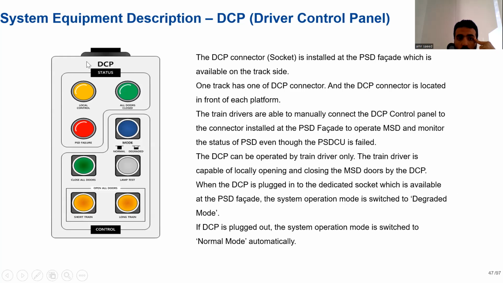He can plug one cable to DCB controller and move and control MSD. This is in case of an emergency or something faulty in the system. When he finishes his control of MSD, he can unplug the cable from DCB.